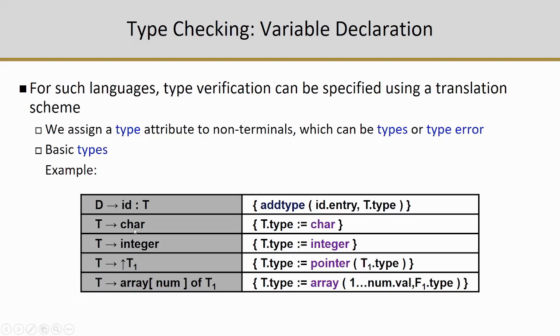And if the type is defined to be character, integer, or a pointer or an array, the appropriate parameters are registered in the symbol table. For the pointer, we have to register the type it points to, and for the array, we have to register the types of the elements of the array as well as the number of them.